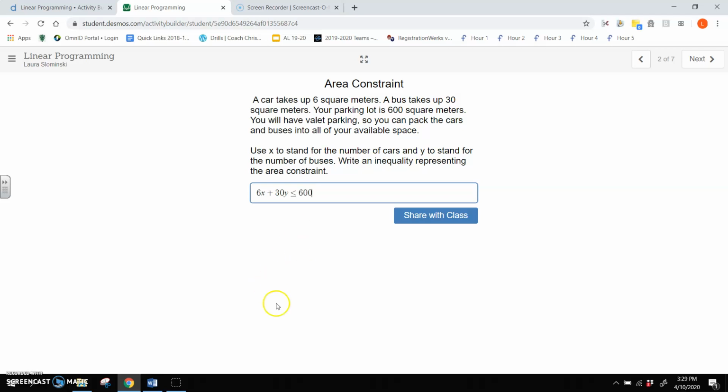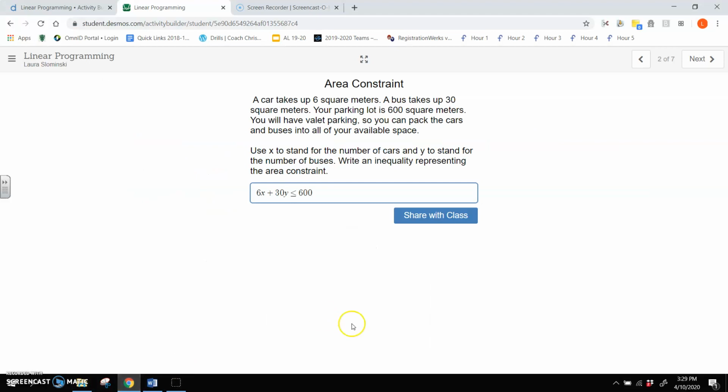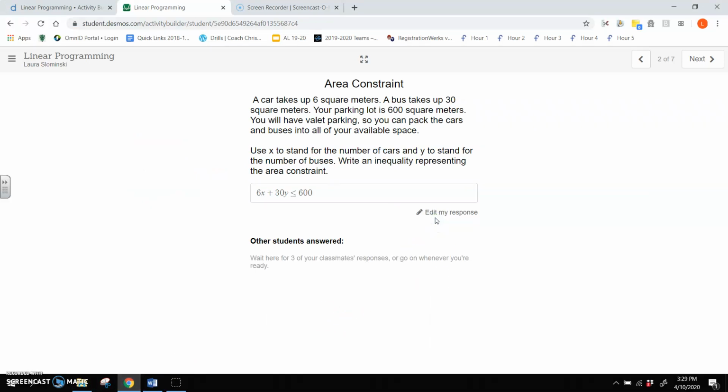That would be the area constraint. In your notes, you can see that slide 2 was the area constraint. We just said 6x plus 30y should be less than or equal to 600.